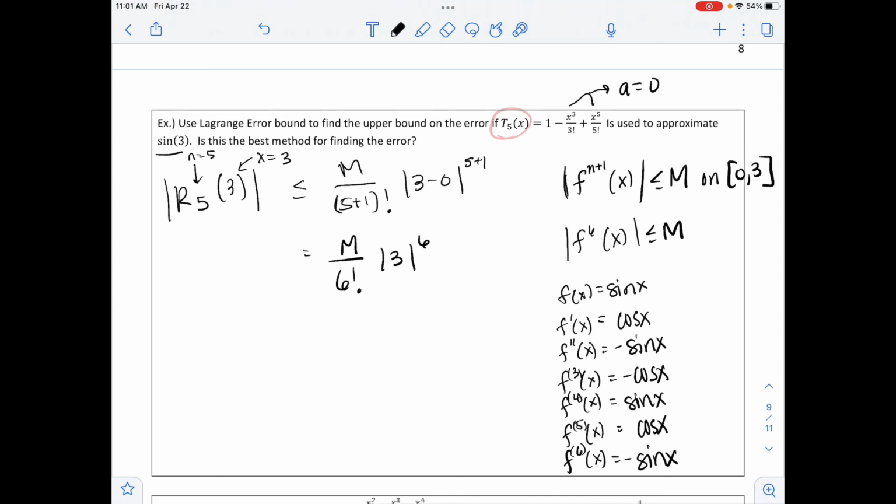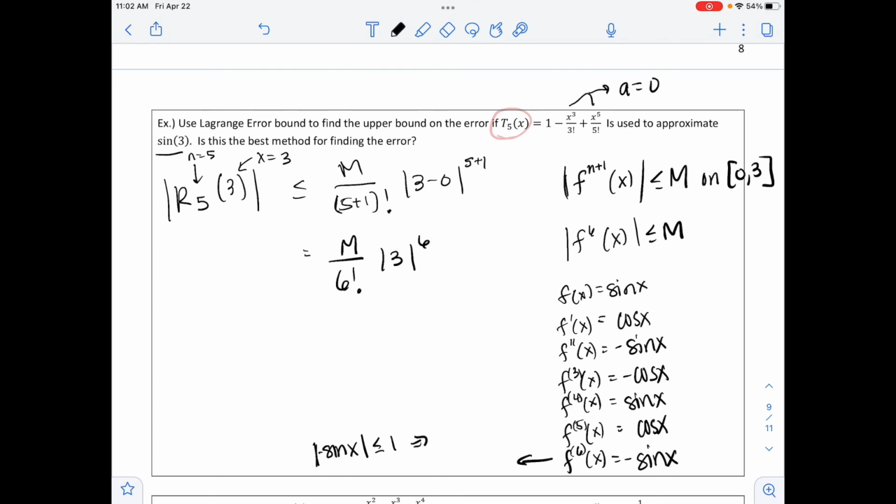And so we know that sine alternates between values that are between negative 1 and 1, including those values. So for this problem, I would say that the absolute value of negative sine of x is always going to be less than or equal to 1, since we know that the values of sine of x are between negative 1 and 1, including those endpoints.